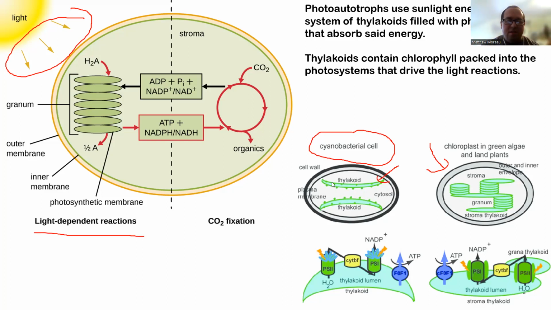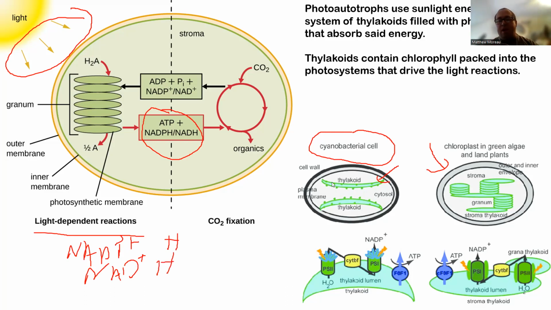Light dependent reactions effectively create ATP for energy, and they also create electron transporters, NADPH and NADH. So remember, these exist as NADP plus and NAD plus. And when they are affixed to a hydrogen, these are hydrogen atoms, not hydrogen protons. So that added electron gives it a neutral charge.